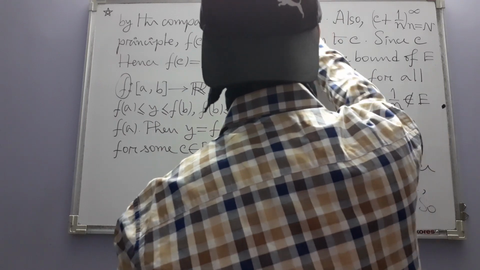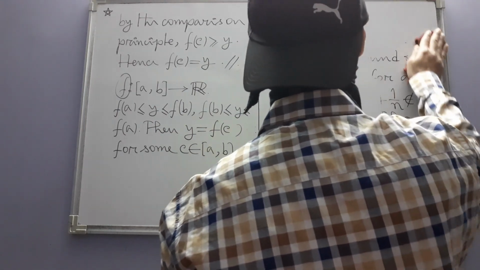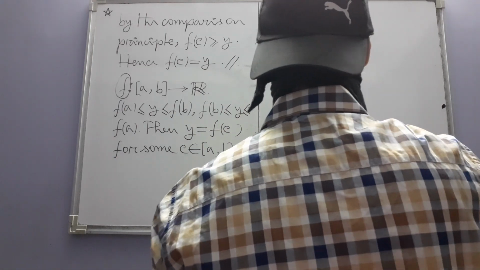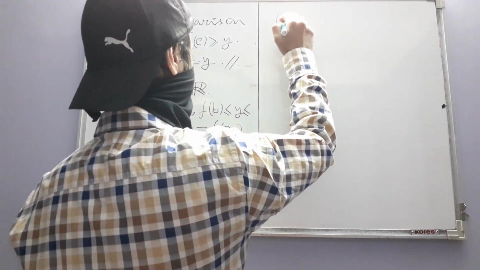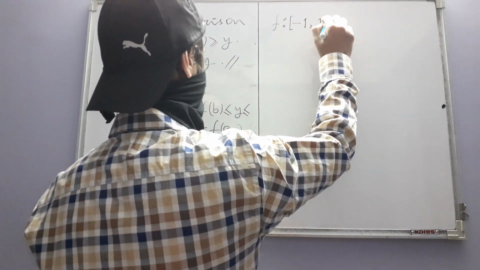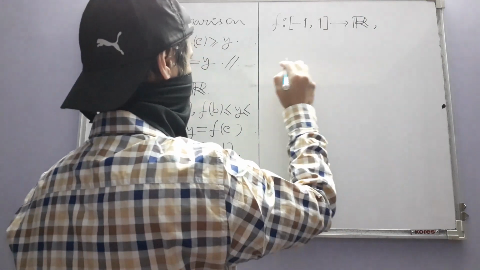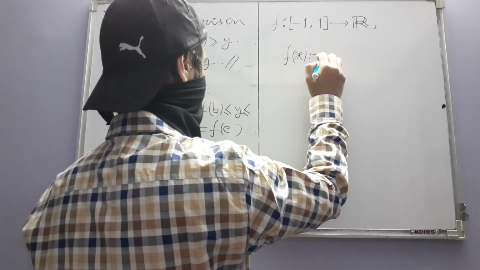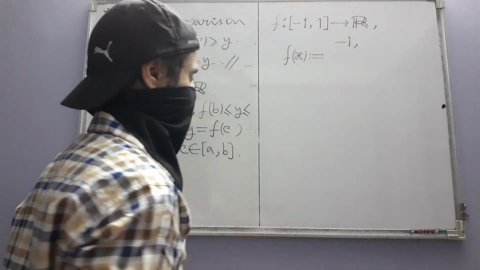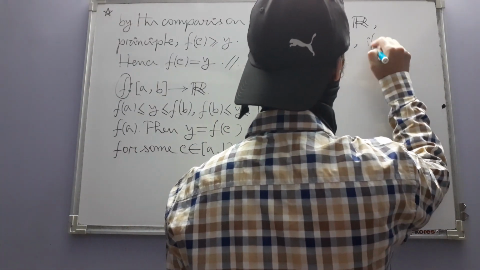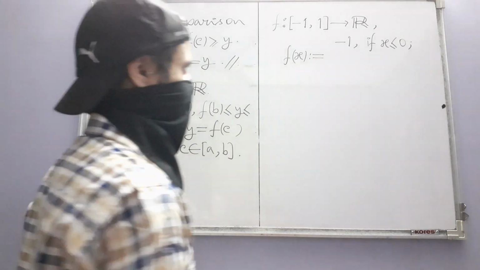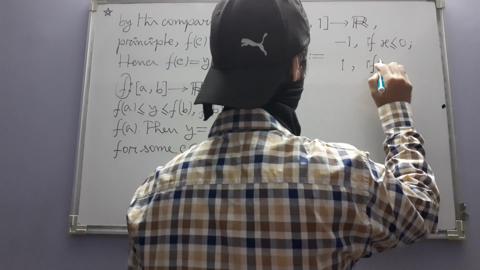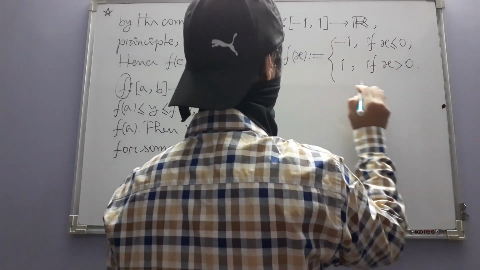A very simple example. Consider this function, defined by this following rule or formula: the function is constantly -1 if your input is non-positive, either less than 0 or equal to 0, and it's constantly 1 if your input is positive.